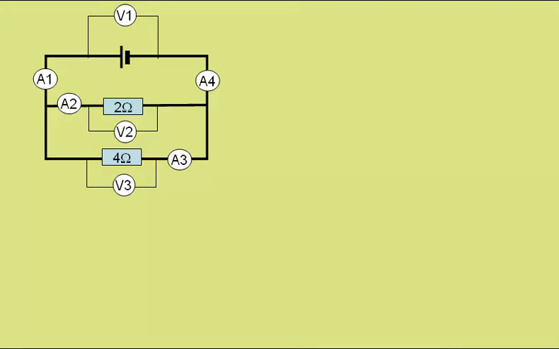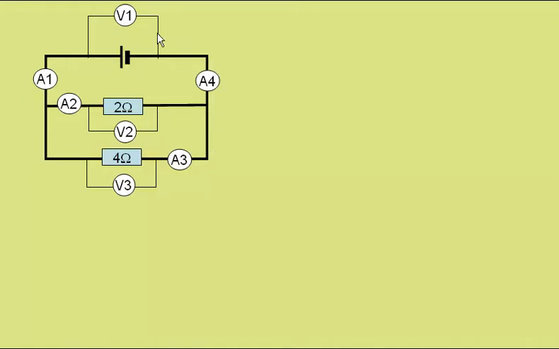So as we saw with the animated circuit, the charge comes along here, having collected energy from the cell. If it goes through this resistor, it will transfer all its energy to this resistor, coming back for more energy. If it goes through the bottom branch, it will transfer all its energy to this resistor, before coming back for more energy.